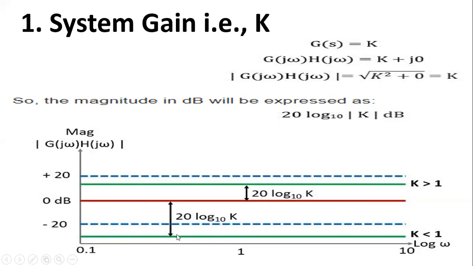So this is how, for a system gain of K, we represent the magnitude plot.